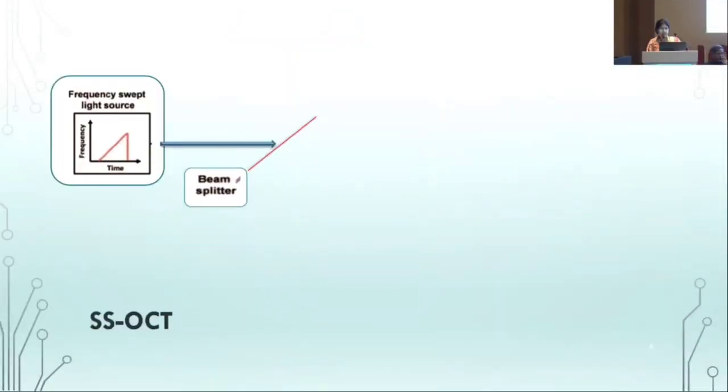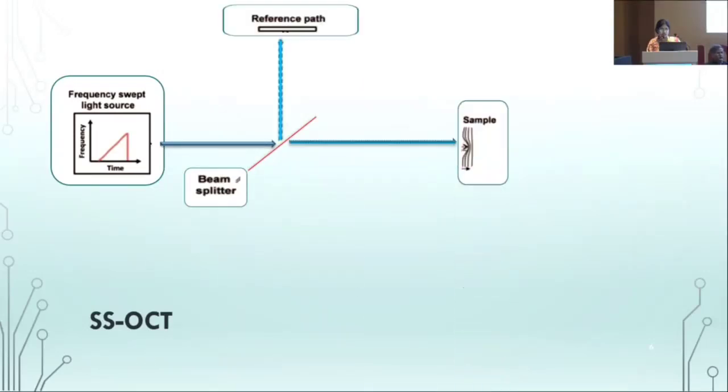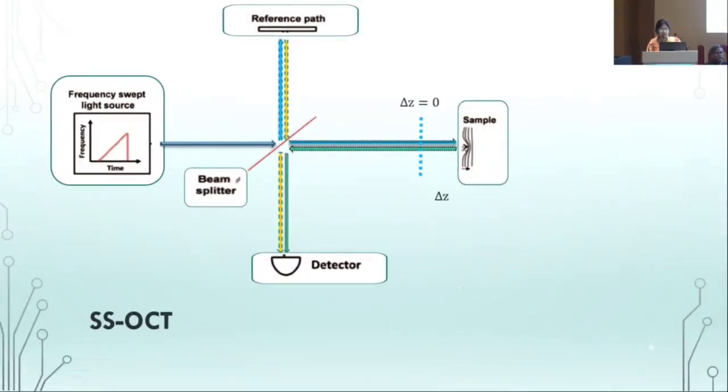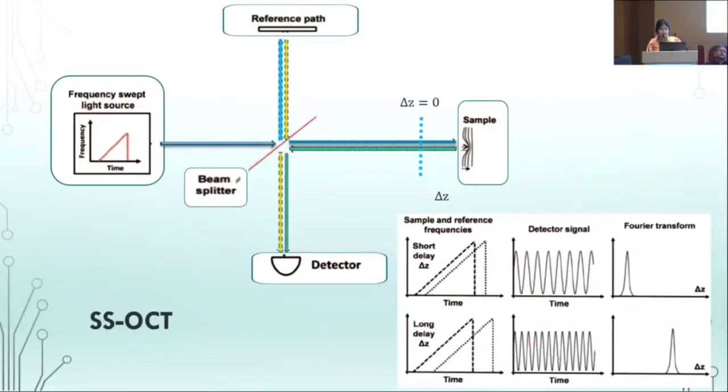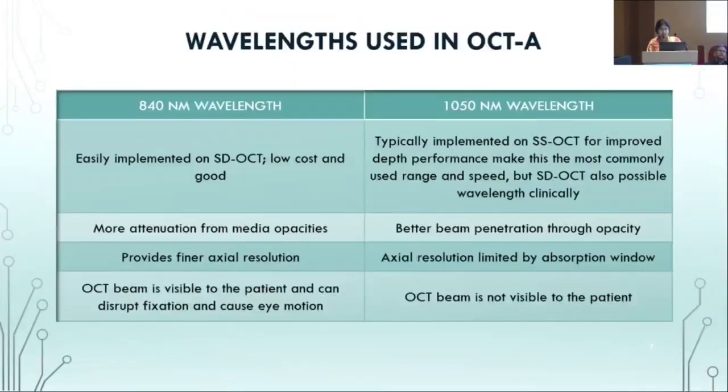In SSOCT, a frequency swept light source is used, and a similar methodology is used, except that in the end there is a detector which detects and transmits the image and creates a Fourier transform.